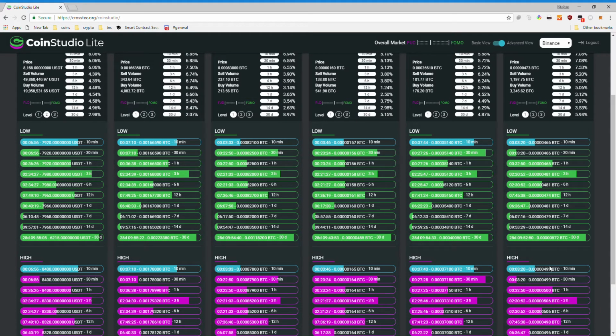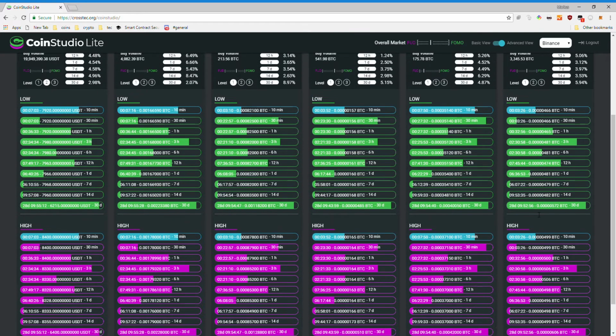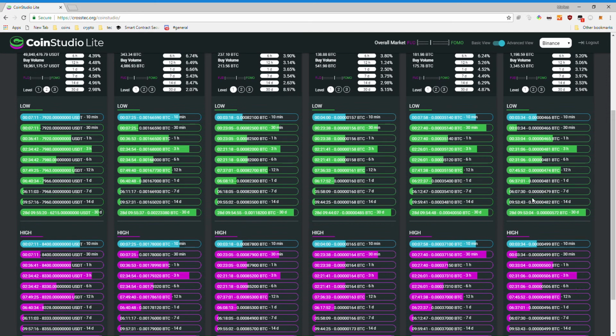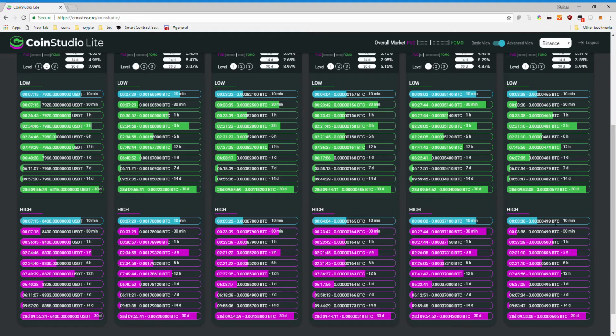Also important is that if a sell order is set based on the high, it is frequently controlled. What I also wouldn't do is just wait until it hits, because CoinStudio Lite is not a holy grail, of course. It still can fail, in all honesty, and you need to control it, which means these predictions can change over time.